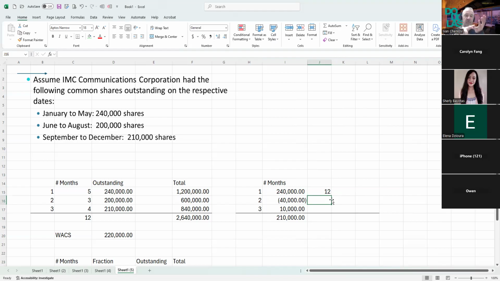So we have June, July, August, September, October, November, December. That's 7 months. And the last thing is from September to December, we issue 10,000. That will be September, October, November, December, 4 months. Then we get the totals. Once I get the totals, I'm going to divide by 12 and should get the same number. Let's see if that happens.